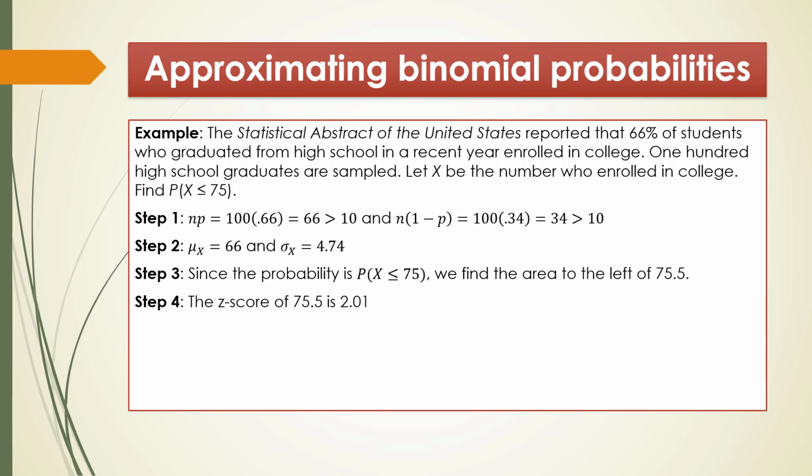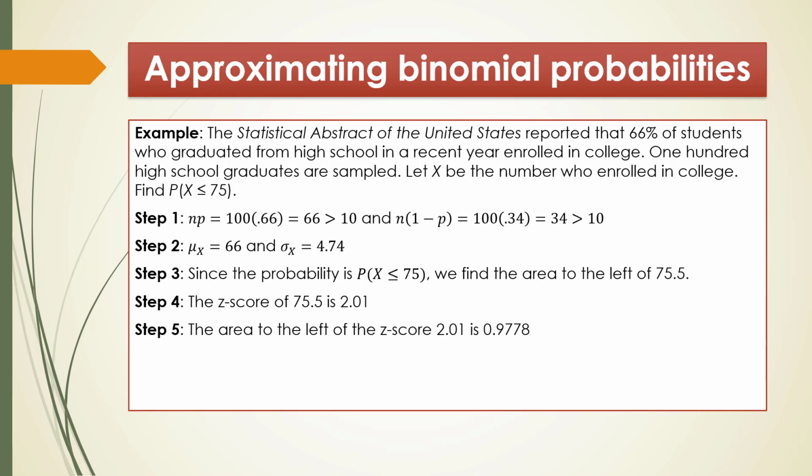Now we find the z-score of 75.5. The z-score is just x minus mu over sigma. So we take 75.5, subtract 66, and divide the whole thing by 4.74. So the z-score of 75.5 is 2.01.